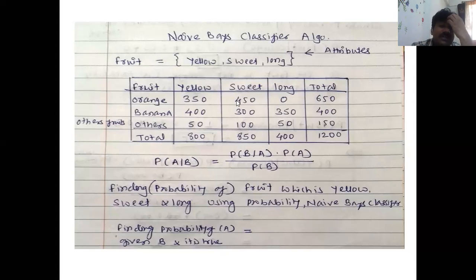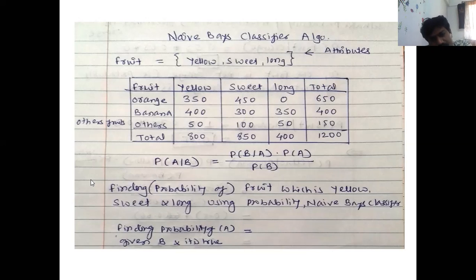So the question here is that we need to find out how many fruits are yellow in color, sweet in taste and long in shape, which we are finding through the naive Bayes classifier. The Bayes classifier uses the Bayes theorem, and what is the Bayes theorem?